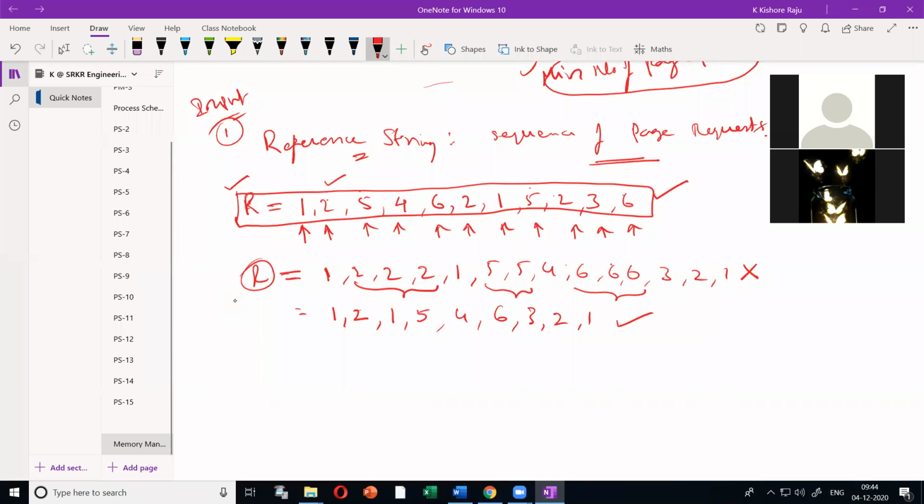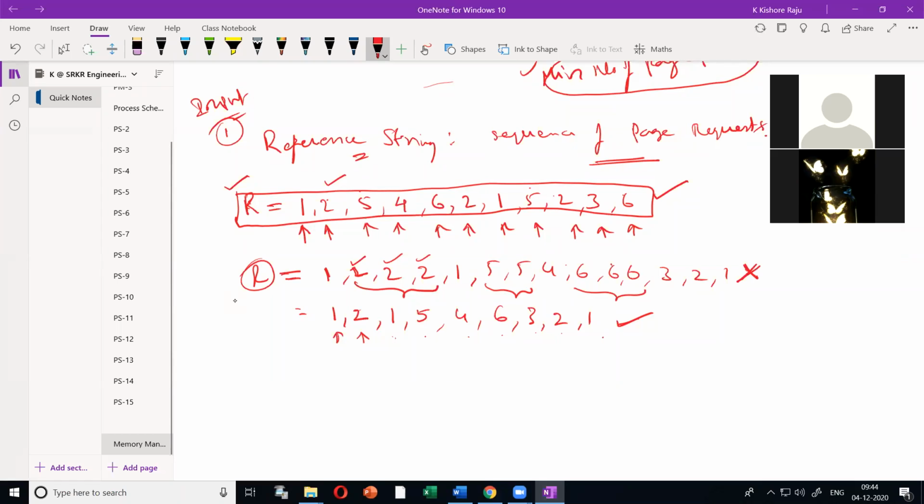If the CPU is requesting the same page again, there is no need to represent it immediately. CPU requests 1, then 2, and again 2, which means 2 is already there. So then 1, 5, 4, 6, 3, 2, 1. This is the valid string that you have to represent.